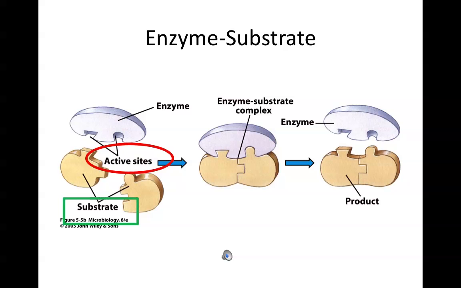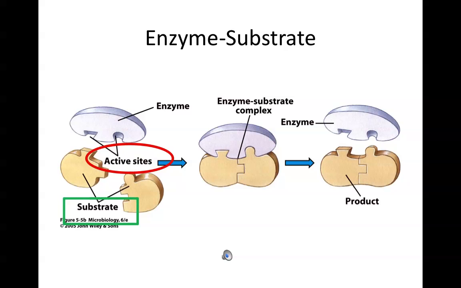Notice that the two pieces of substrate fit nicely into the enzyme-substrate complex. The enzyme-substrate complex brings the two pieces of substrate close together, and then the enzyme falls away, and we have the end product of that newly formed structure that has been put together in this chemical reaction.